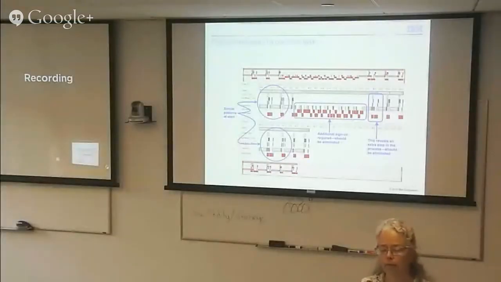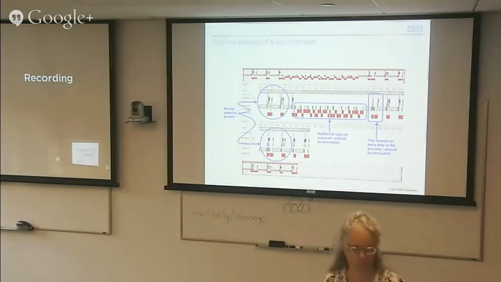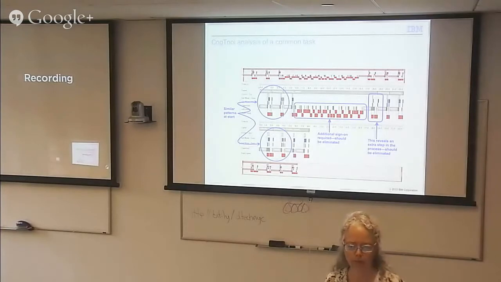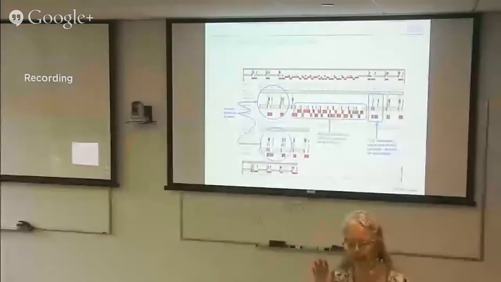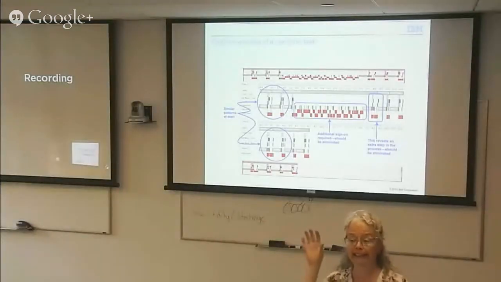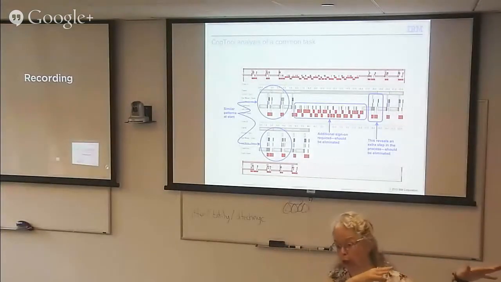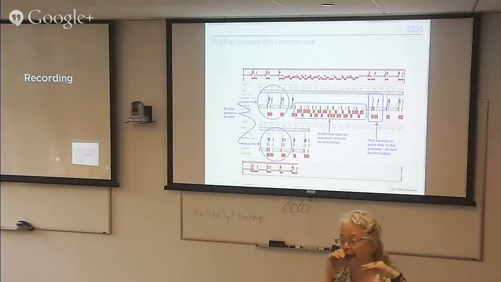Okay. But my question is, let me clarify. Like one interface is better than the other, and more complex tasks take more thinking. So how do you adjust to that? So we always are doing the same task on both interfaces. So a more complex task will have more stuff to do, okay? And there are some things built in.